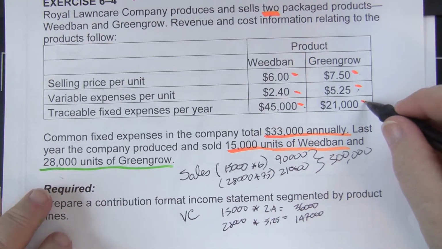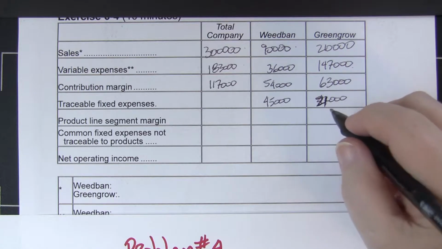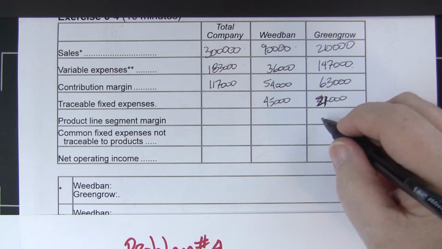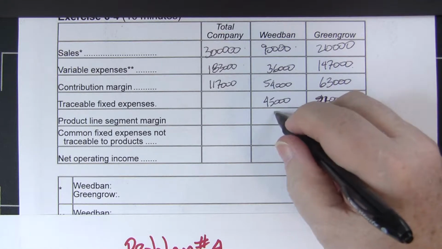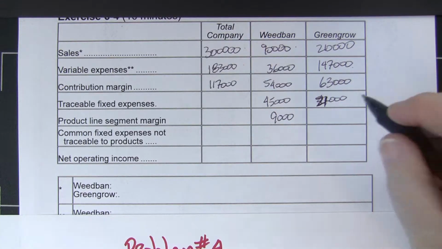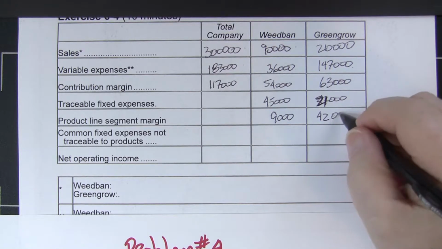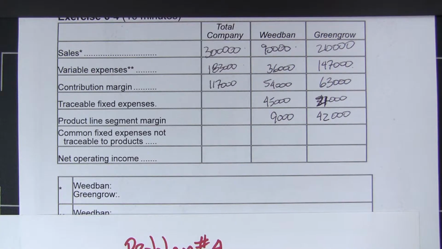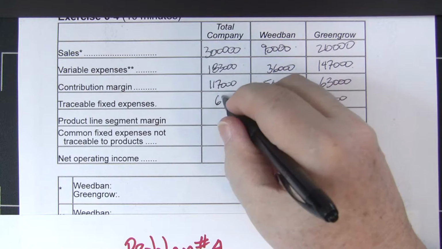I got ahead of myself. The product line segment margin is $9,000 for Weed Ban and $42,000 for Green Grow. So the total segment margin, if we add these together, is 51,000.